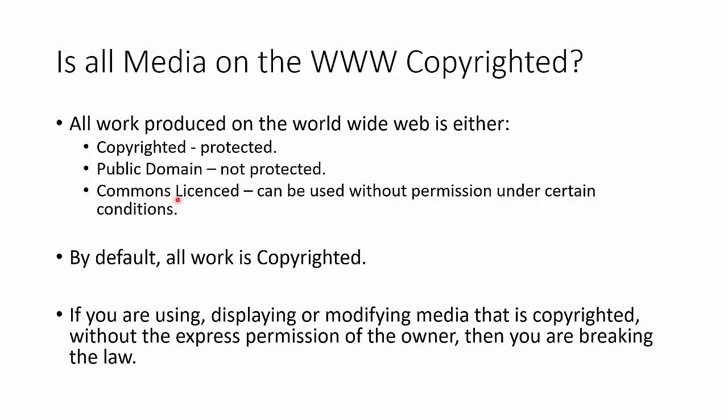So commons licensed is like halfway between copyrighted and public domain. Now, by default, all work is copyrighted. If you are using or displaying or modifying media that is copyrighted without the express permission of the owner, then you are breaking the law.